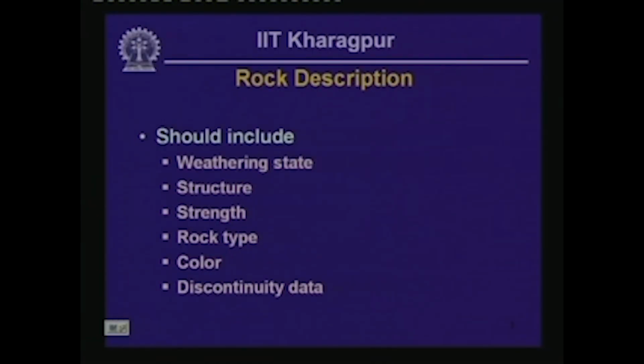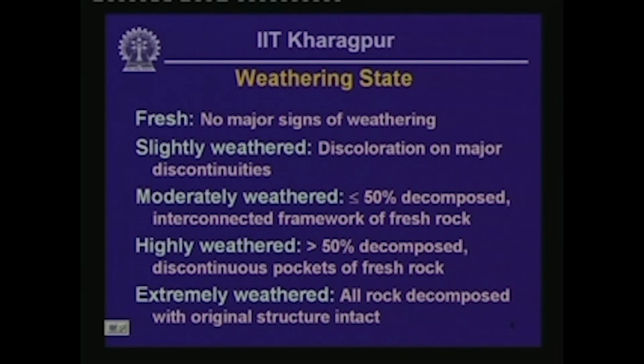Okay, so we begin with the description of weathering state. Now a rock could be fresh if it is free from any aspect of weathering, relatively free from all signs of weathering. Then it could progressively be more and more weathered, and it could end up with a state designated as extremely weathered, in which the entire rock sample is composed of decomposed pre-existing rock material.